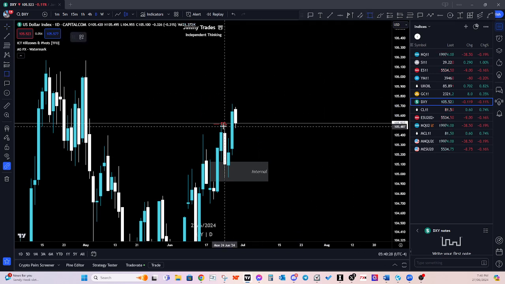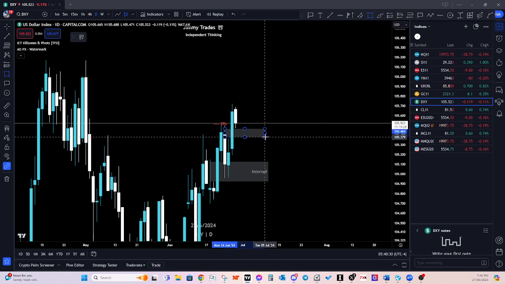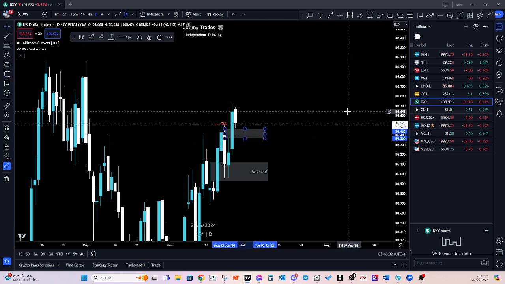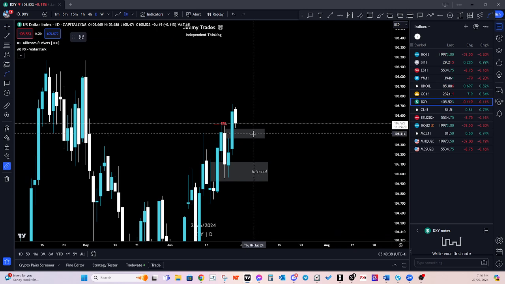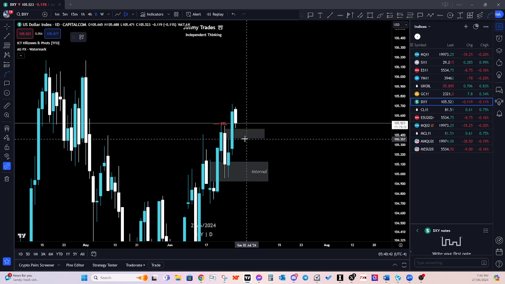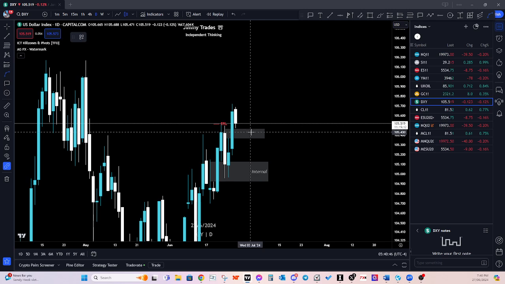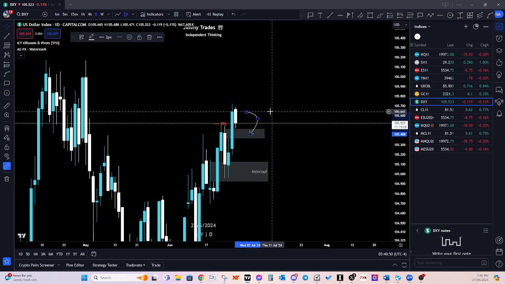So I'm going to see what price does today and see if we push back into this area here, if we leave an FVG there, or if we actually close this FVG or potential FVG. So for now, I am looking at a bearish bias.